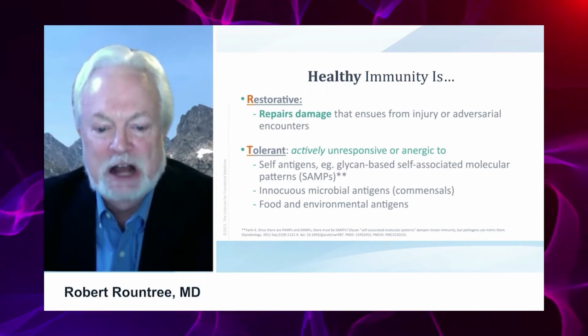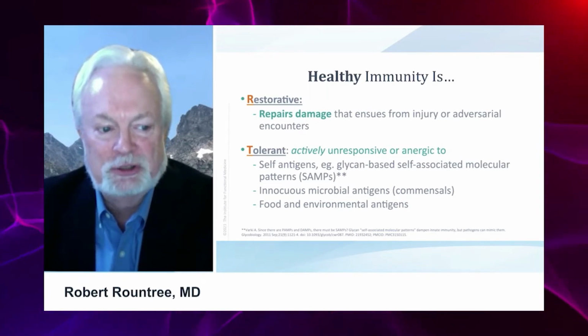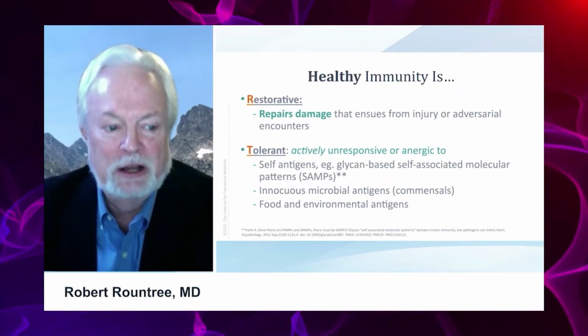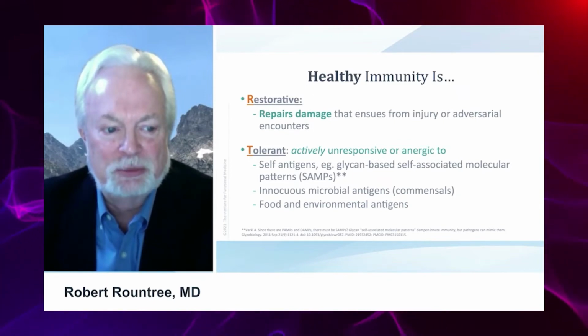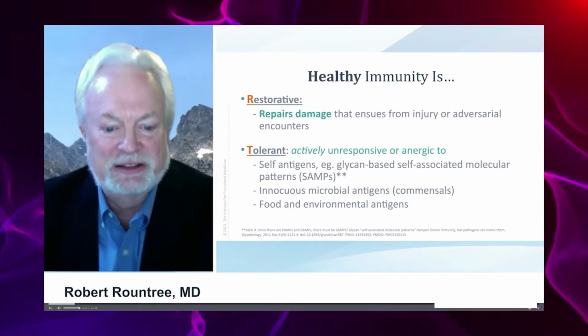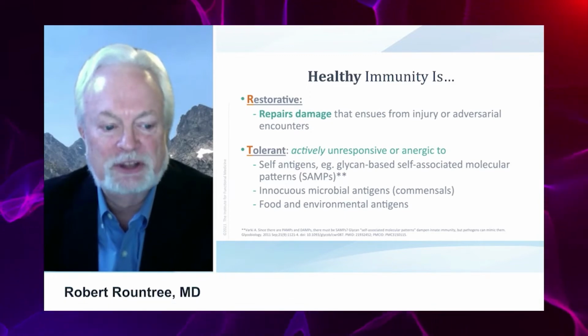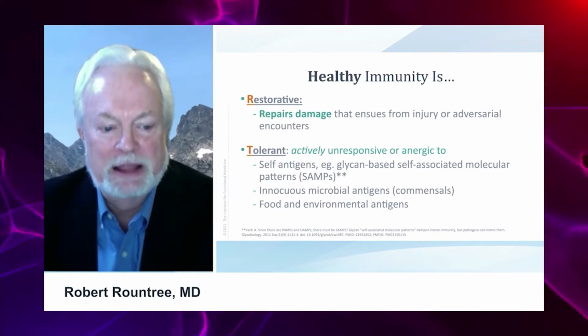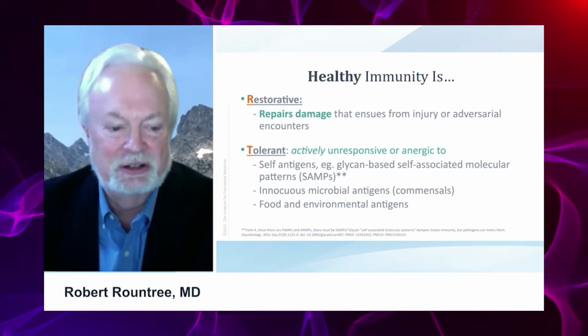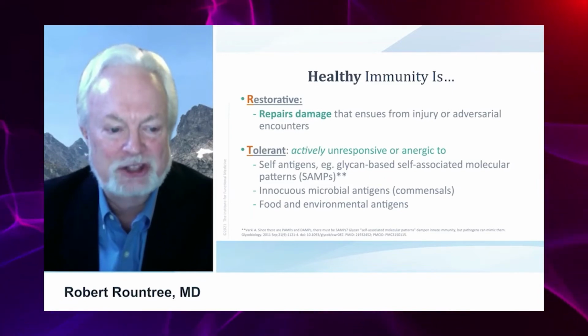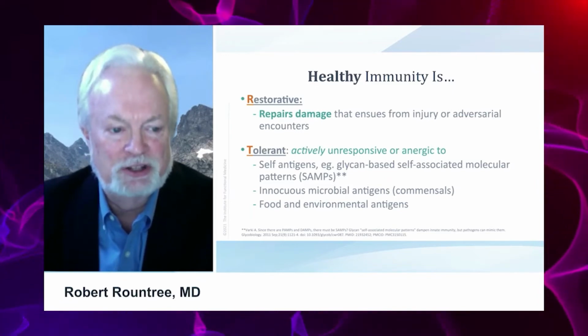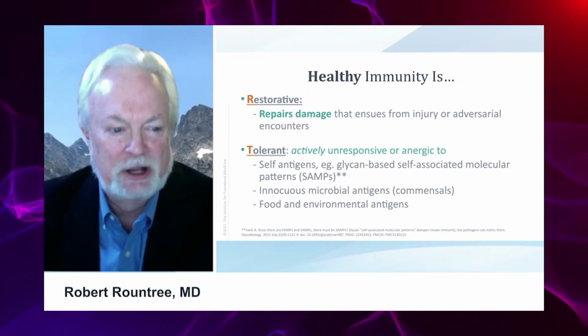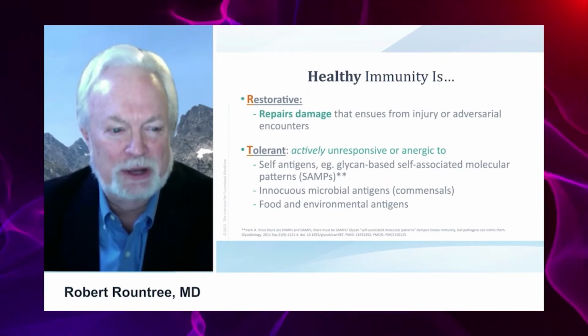These are all innocuous antigens, and the immune system should not react to them. But the lack of reaction doesn't mean that the immune system isn't seeing them. It's simply seeing them and then making a, quote, decision not to do anything about it.